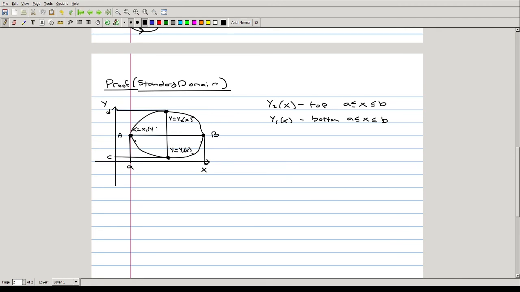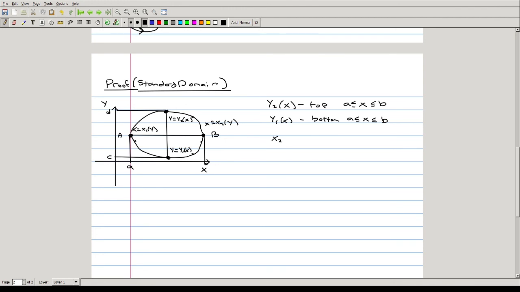So we can always find these functions for a standard domain. And then we'll do x is equal to x2 of y for the right side of the domain. You might remember standard domains from your multivariable calculus class, where you define double integration. This is the first type of domain that you see, the simplest type of domain.